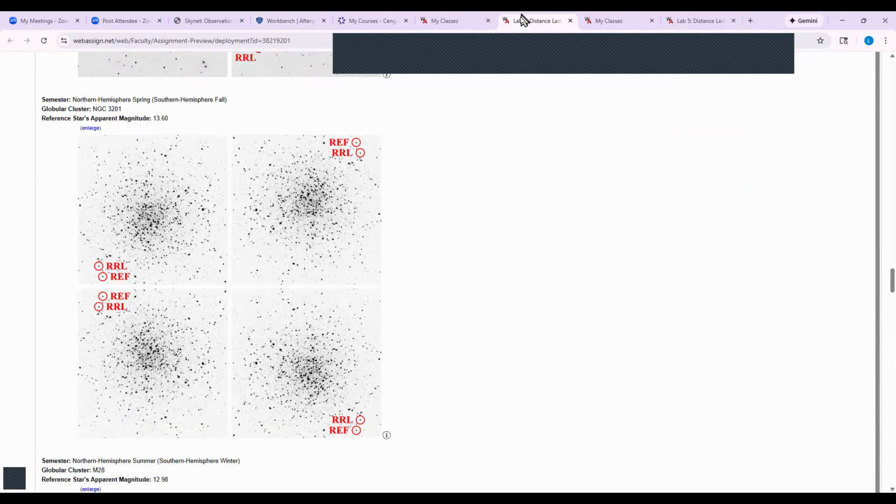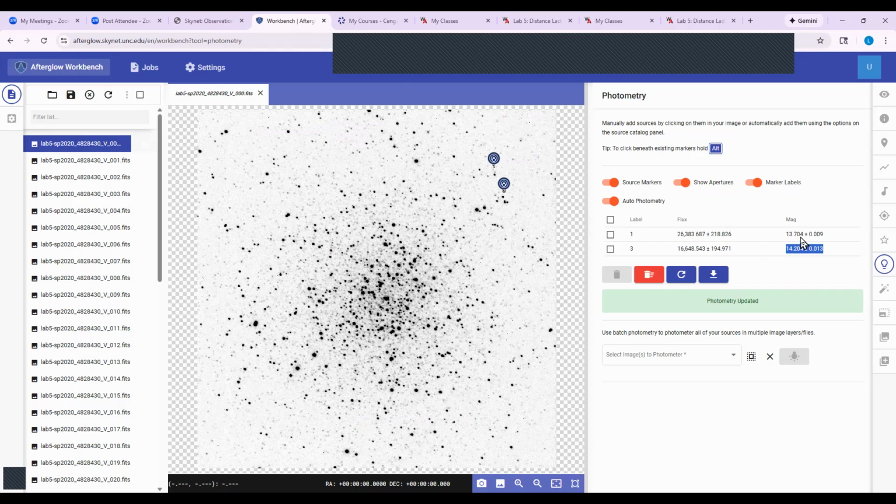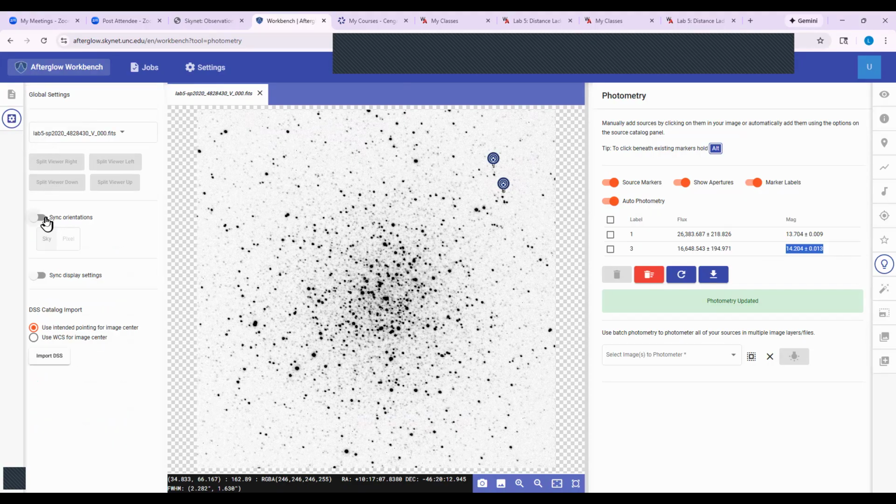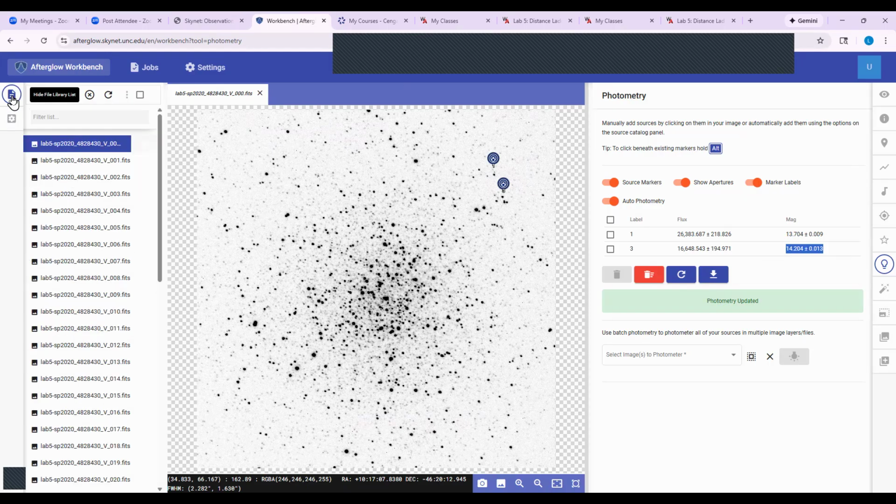What was the magnitude of the reference? 13.6. As you see here, 13.7 is slightly different. In astronomy, slight variation is not a big deal, unlike the meticulous mathematics on regular data. When we find this one, we just go here and synchronize the display setting and orientation. And when we do that, we are good.